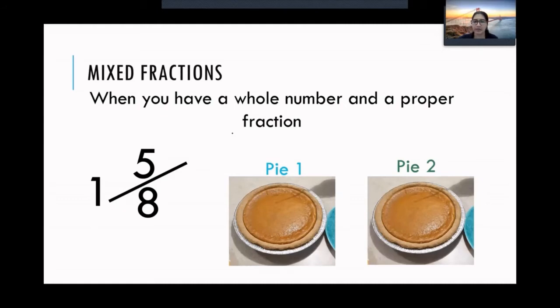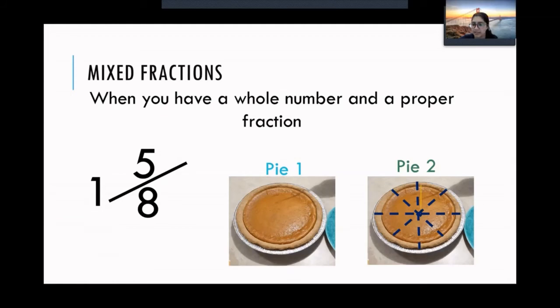So we have two pies here, right? We have pie 1 and pie 2. Let's say I have one pie here that is untouched, but the second pie I break into 8 parts. And then I decide I'm quite hungry, so I'm going to eat some of the pie.